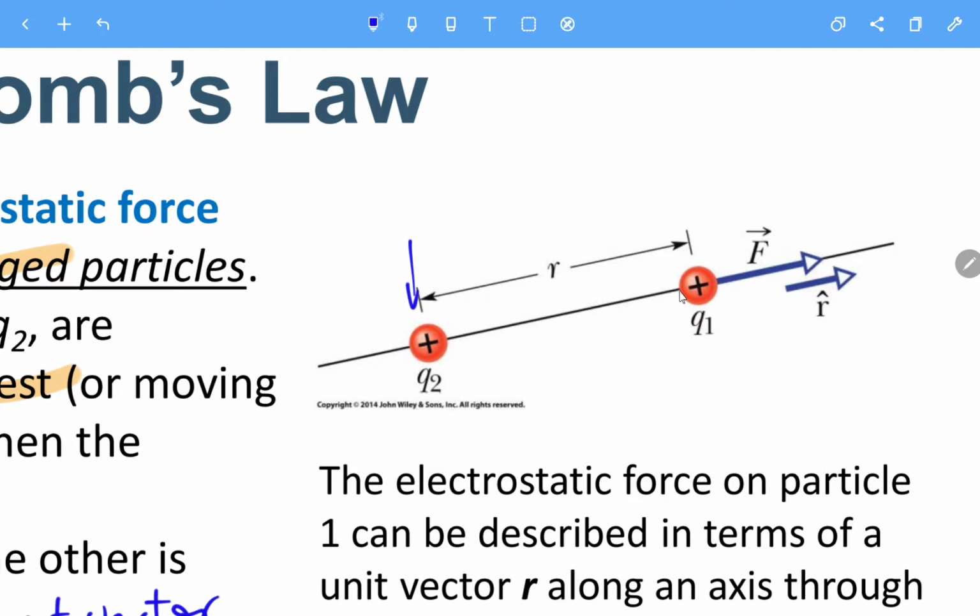This is the r-axis. So our r hat should point to this direction. This one is for q1.